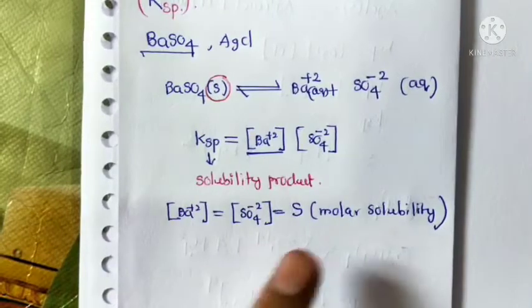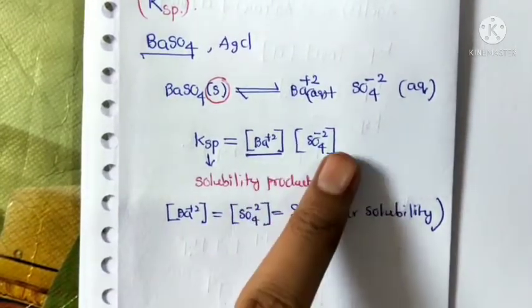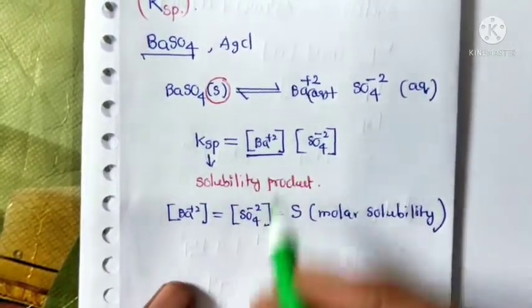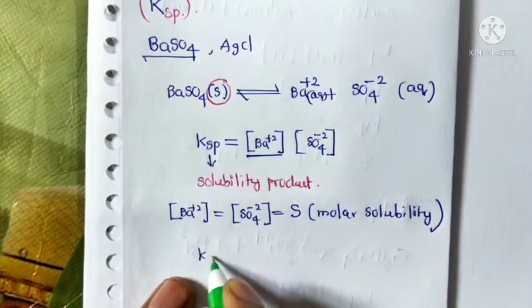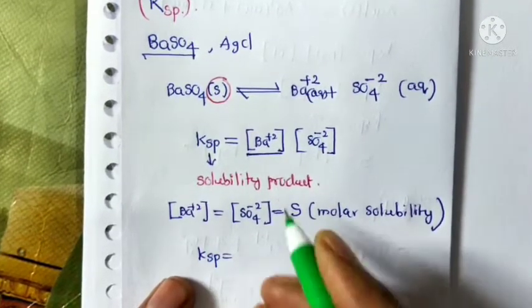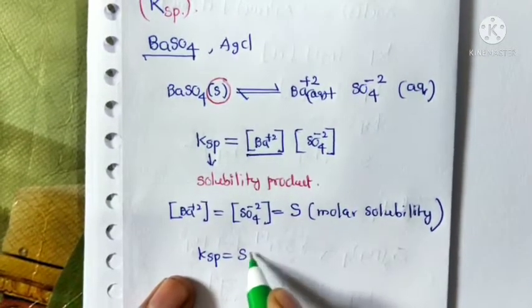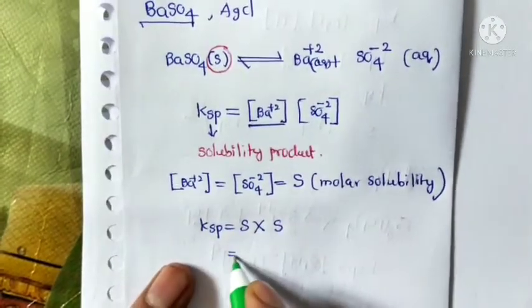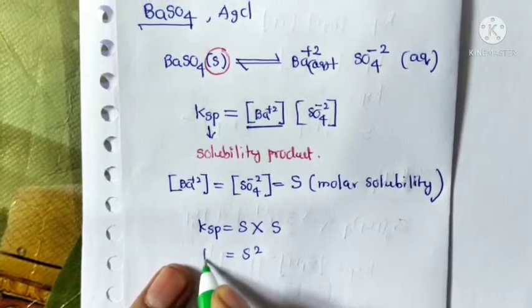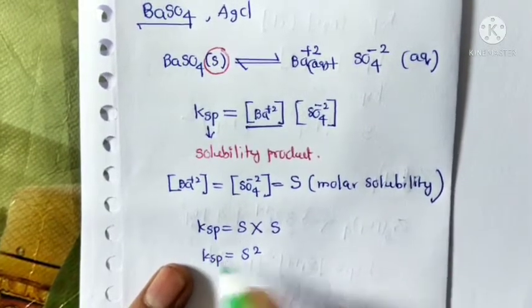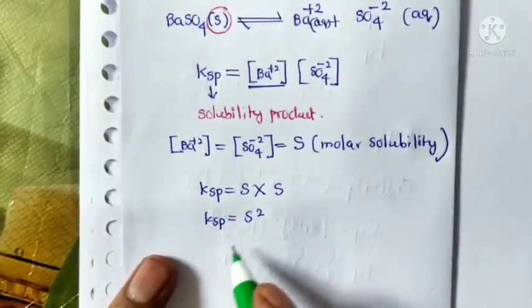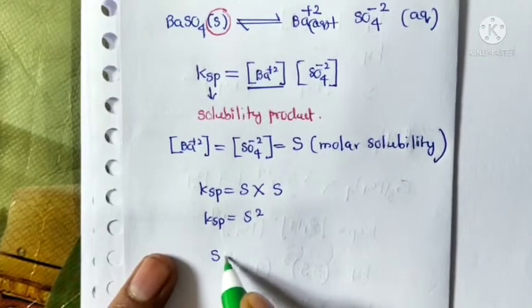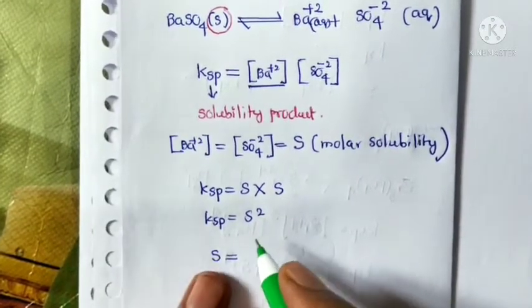Now substitute S for the molar concentration of the ions. So KSP equals S into S. So here S squared is KSP, the solubility product. From this we can calculate the solubility of the salt.